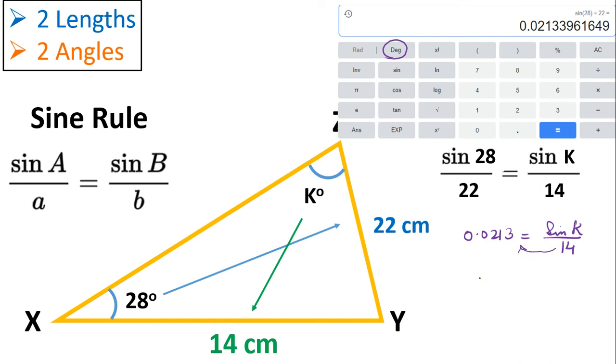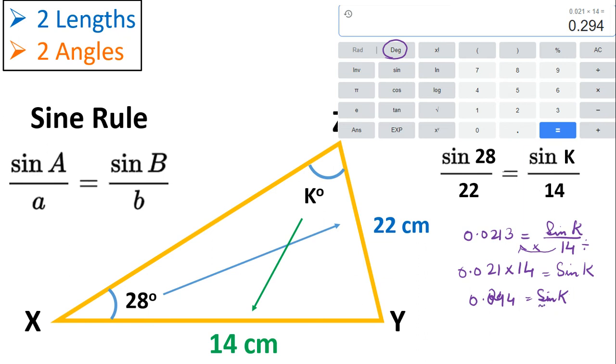So when 14 goes to the other side, it becomes 0.0213 times 14, because 14 is in division over here, goes to the other side, turns into multiplication, and 0.0213 times 14 equals sine K. So if I do that, it gives me 0.294 equals sine K.